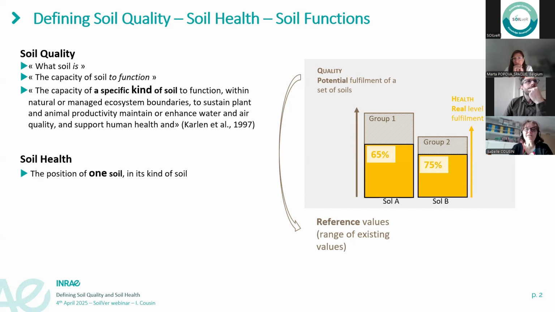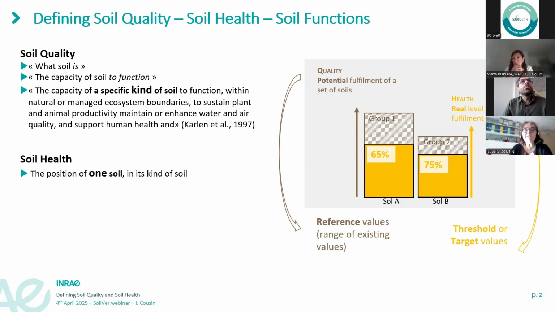So what you can see here is that soil A fulfills 65% of group 1, whereas it is higher than the fulfillment of group 2, which is here, this one has a lower health than this one, which fulfills 75% of the soil quality.